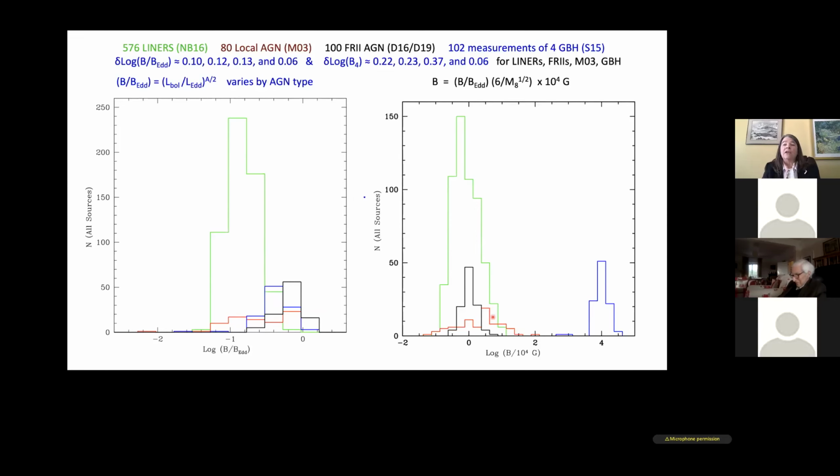Now, you can sort of see here that there's a hint that the Merloni et al. sample might be splitting into 2 samples. And in fact, when we look at the efficiency factors for the bolometric luminosity of the accretion disks, we'll see that in fact the Merloni et al. sample does split into 2 subsamples.